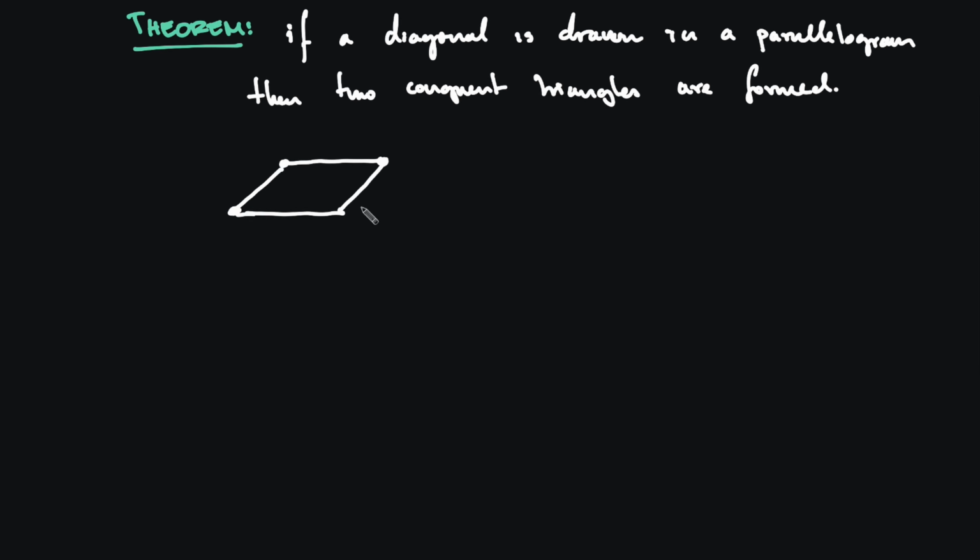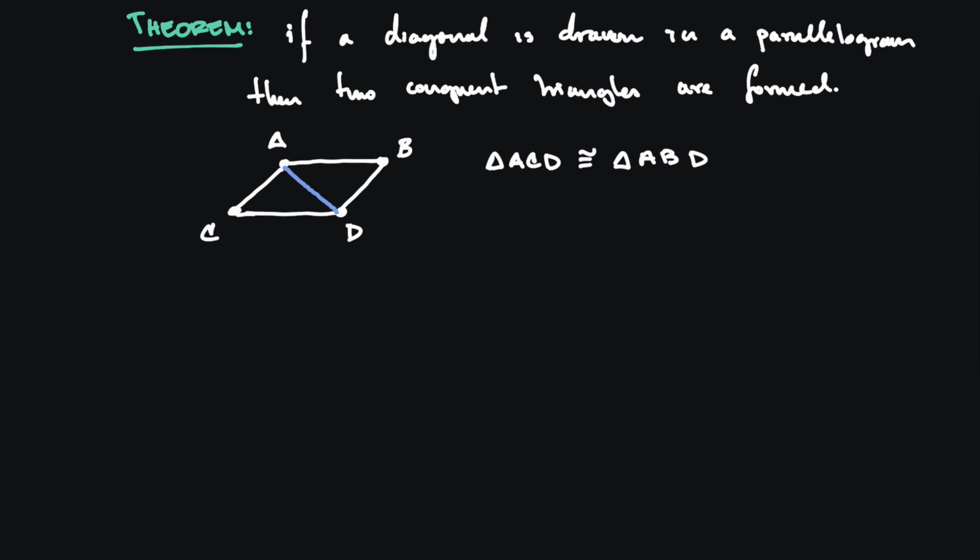Maybe this is parallelogram A, B, C, and D. It says, if a diagonal is drawn in a parallelogram, and I draw a diagonal like this, then two congruent triangles are formed. So now we have triangle ACD, which is congruent with triangle ABD.